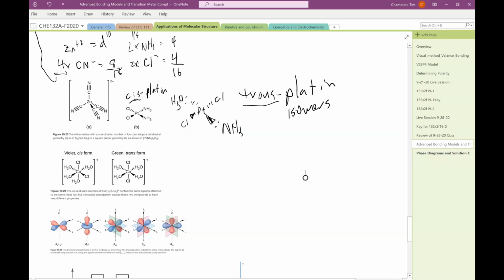In terms of cisplatin and transplatin, cisplatin, like I said, is an anti-tumor drug that binds, the chlorides basically hydrolyze away, and that binds to nitrogens on DNA and stops DNA from copying itself, which of course would stop a cancer cell from growing.